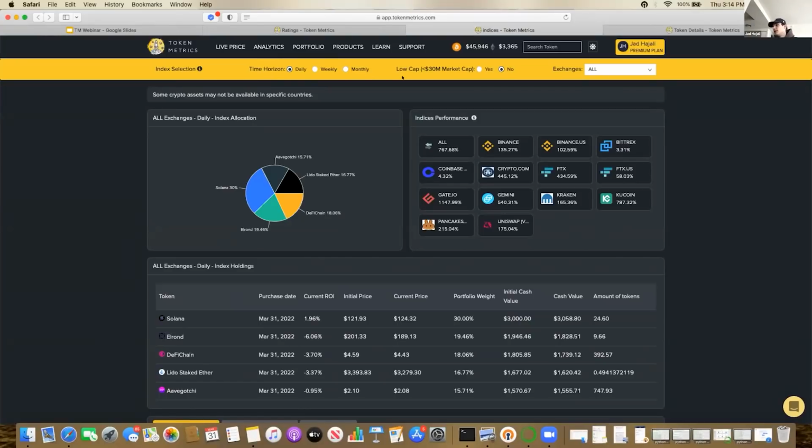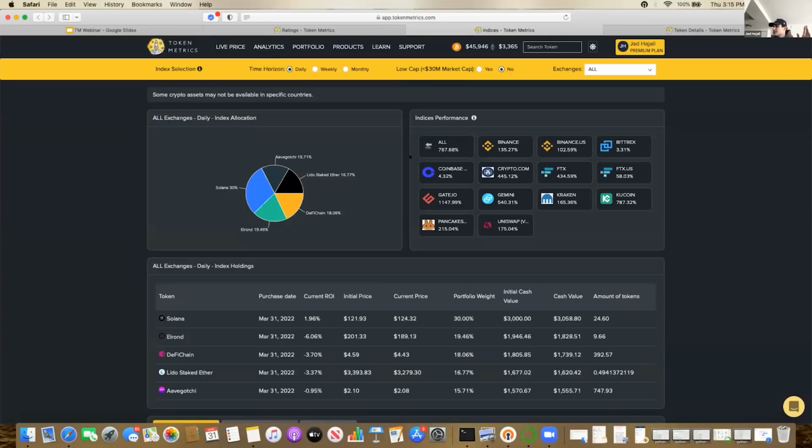Another feature we have, which is also helpful for our customers, is that sometimes we have customers that only want to trade low cap coins because they want to take big risks. Obviously, investing in low caps is more risky than high caps. So we give this option for our customers. They can say, okay, show me a portfolio of only low cap coins.